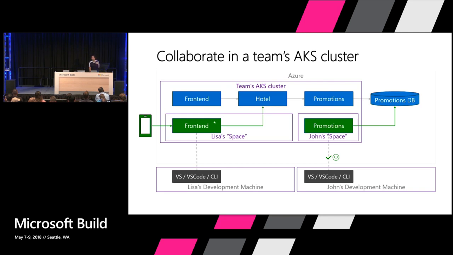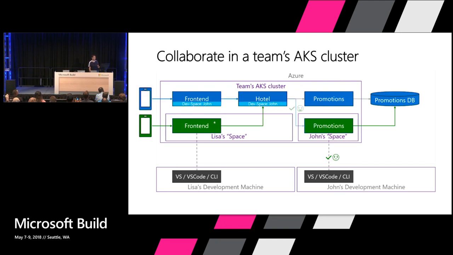In fact, you probably want to do that. Promotions has its own REST API, perhaps, and you can run all of your unit tests and so forth directly against that. But what you can also do is start understanding how your code changes are going to behave in the context of the broader app.